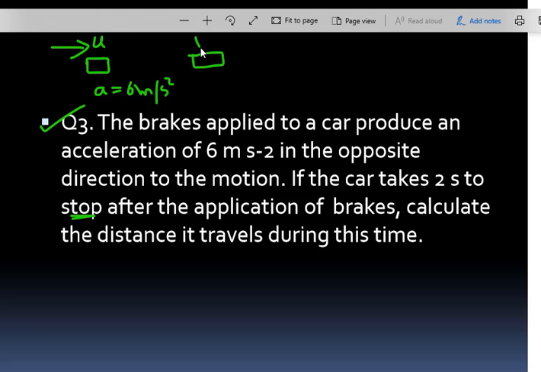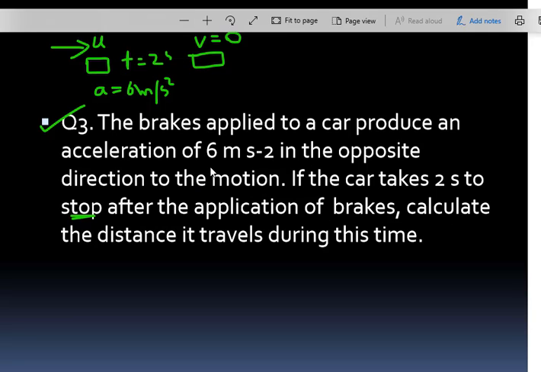Final velocity is v, which is equal to 0 because it will stop when the brake is applied. So when the brake is applied, the acceleration produced is 6 meter per second square. Okay. So here from this position to this position, the time taken by the car is 2 seconds. It is given here 2 seconds.